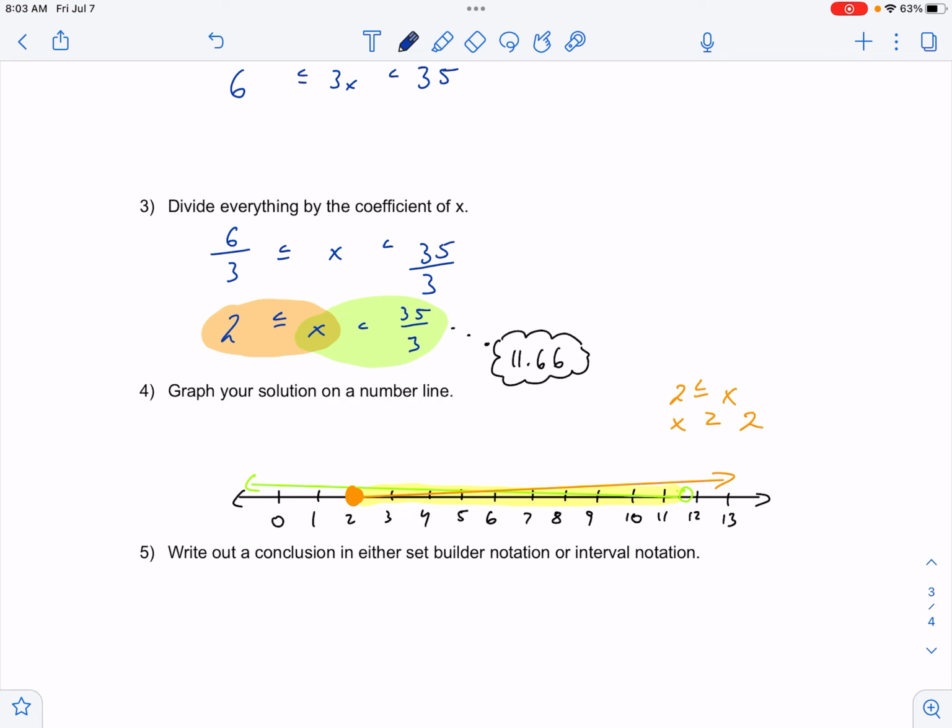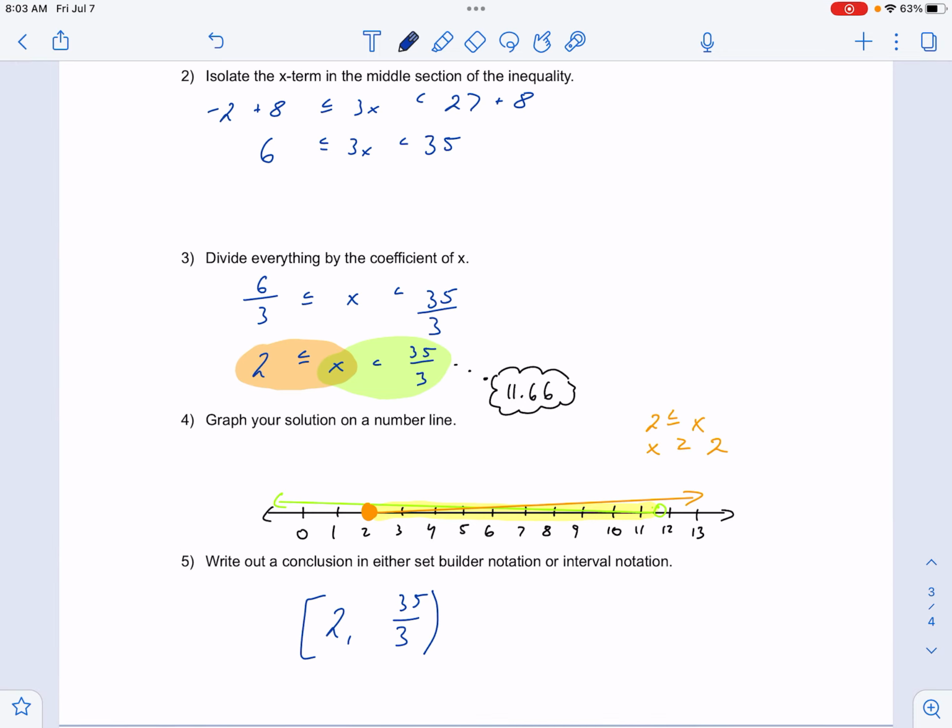Our x value is anywhere from 2 to 35 divided by 3. It can include 2. Remember that I colored this in, and it can be equal to. So I'm going to include that square bracket. But it cannot equal 35 over 3 because there's no equal sign there, and I left this as an empty circle. So this bracket is going to be a round bracket.